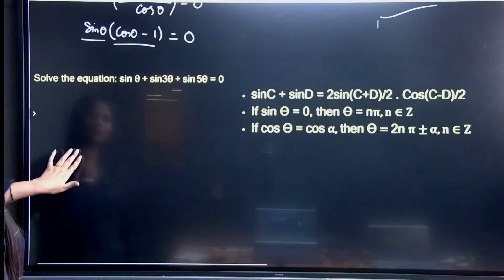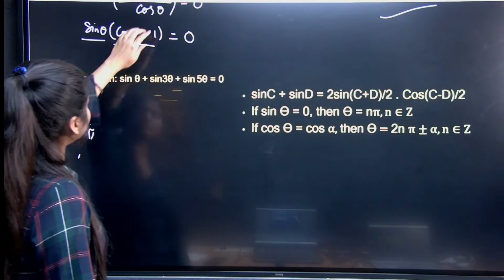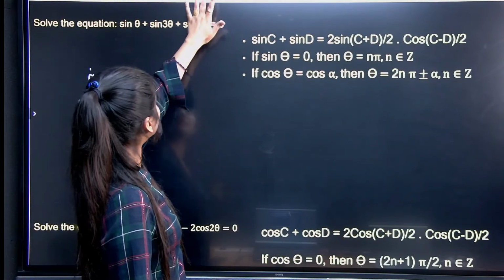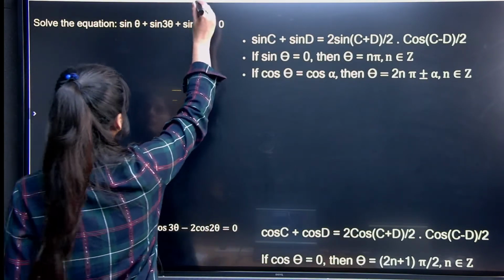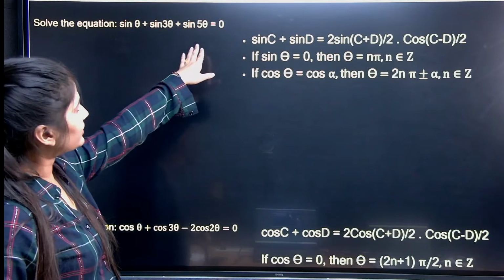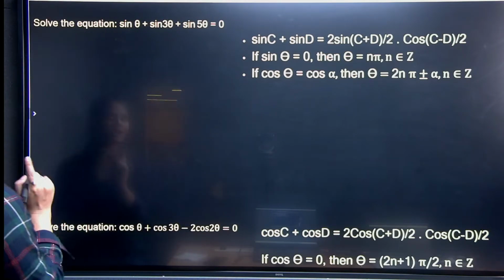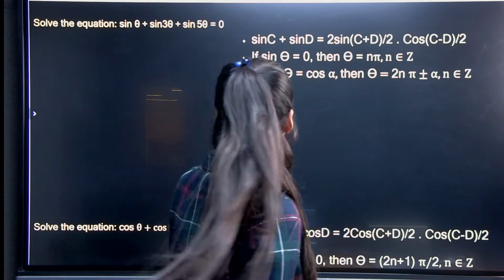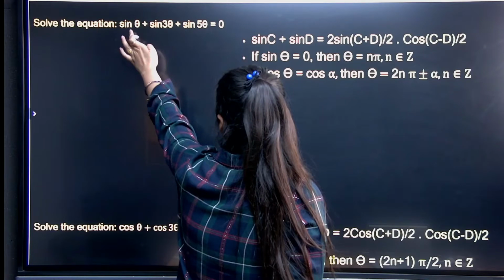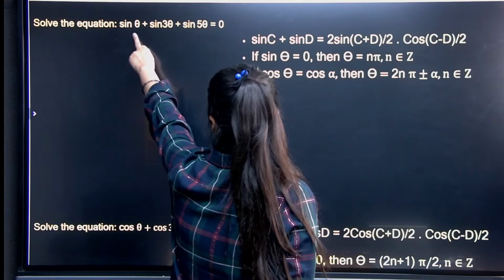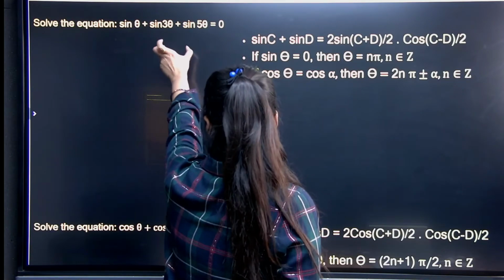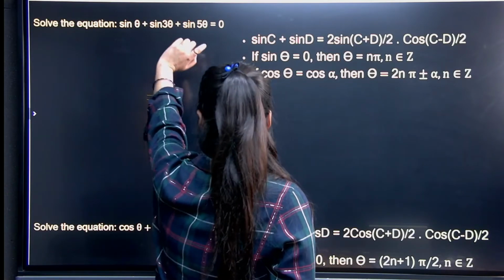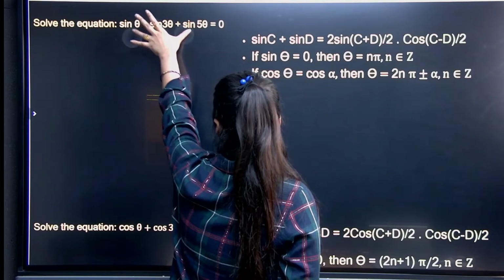Question says solve the equation sine theta plus sine 3 theta plus sine 5 theta is equal to 0. Again in this question we have to think which two terms will give the third term. Like if I choose theta and 5 theta, on adding and dividing by 2, 6 theta by 2 is 3 theta. So we can use these two terms together.